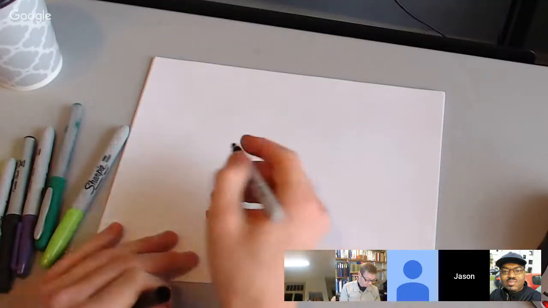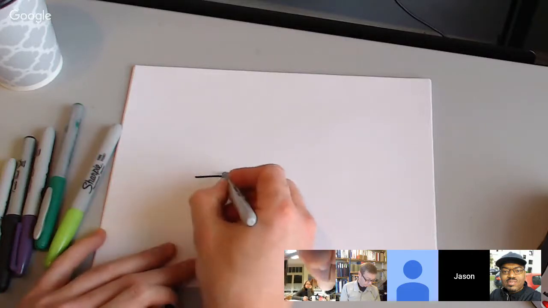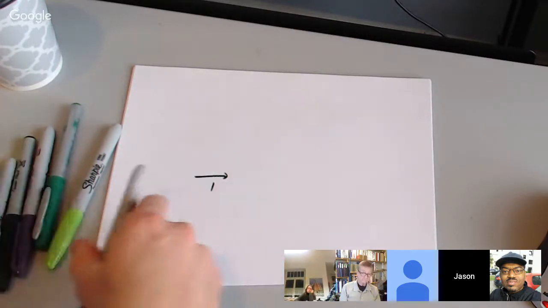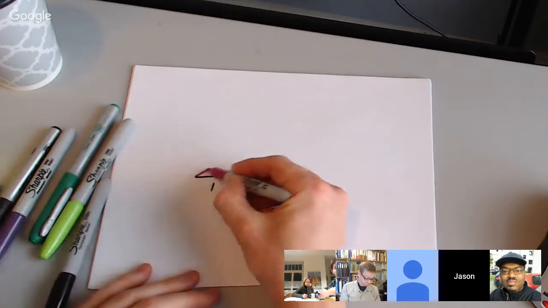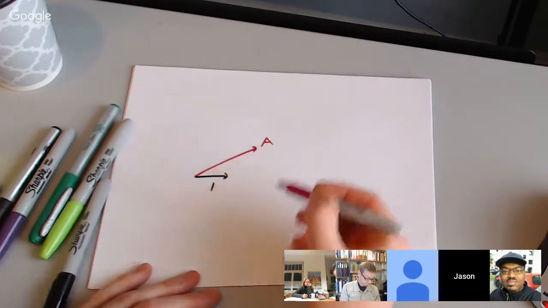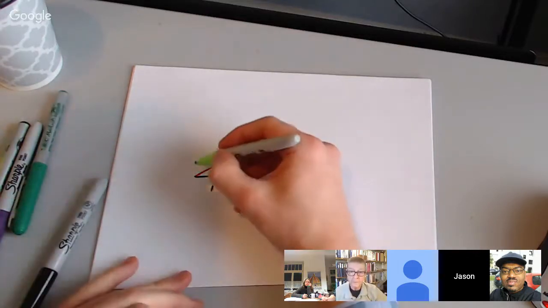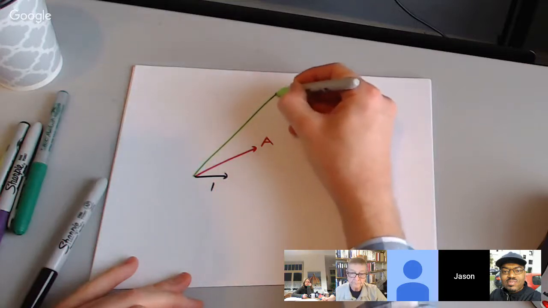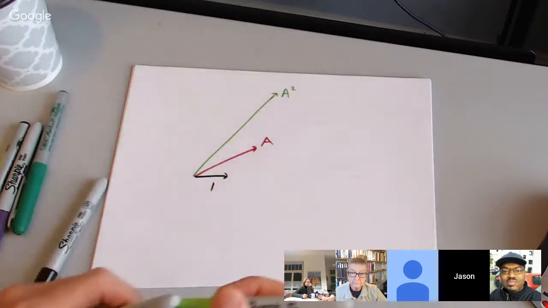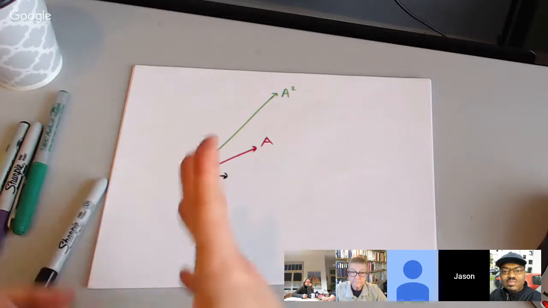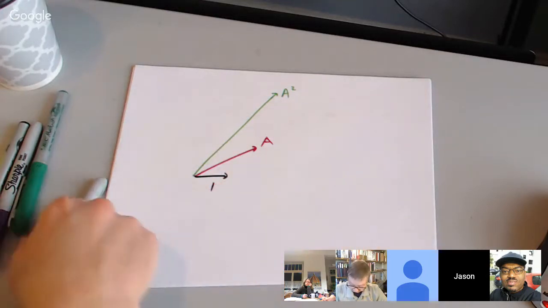Well, so we got some pictures there. Did anybody get a general idea of what, let me switch cameras. So if we've got 1, and then we've got some number a, and then we had a squared, each of these could also be expressed as a length and a direction.